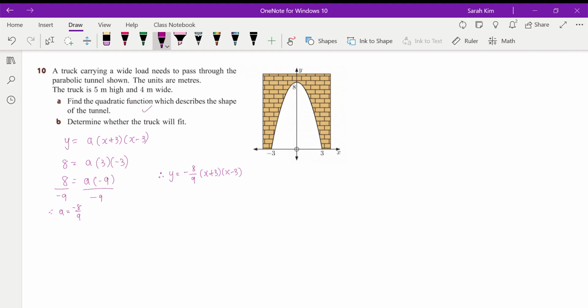Determine whether the truck will fit. So I just need to make sure I find the maximum height to see if the height will fit. Let's see how it goes.